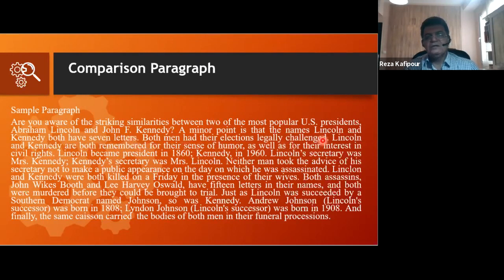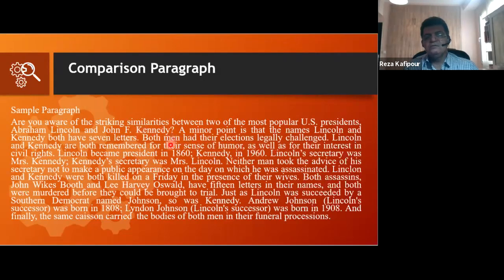As you see, it is one of the structures we discussed, using "and both." So the first major supporting sentence is formulated by the structure "and both." We said the names Lincoln and Kennedy both have 7 letters. The first similarity. Next one: both men had the election legally challenged.